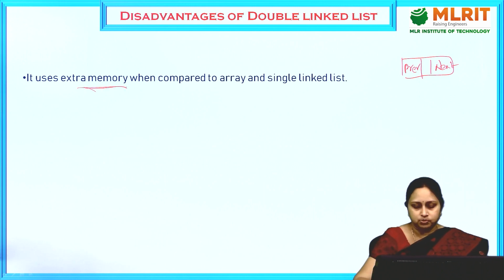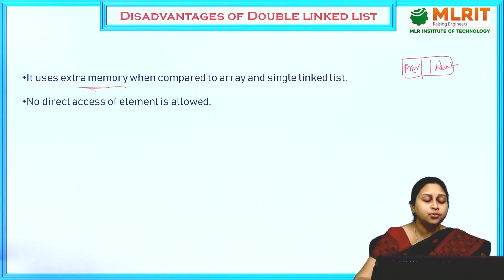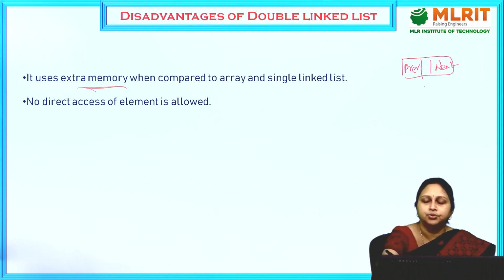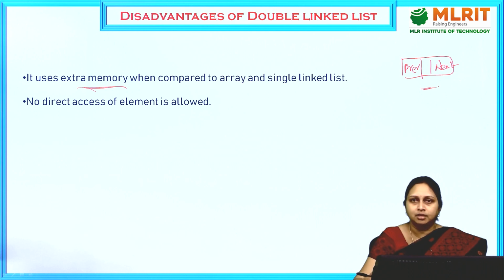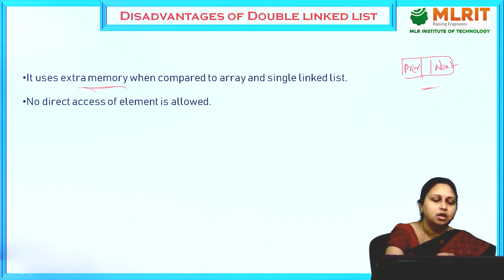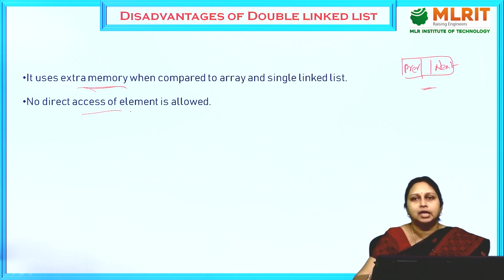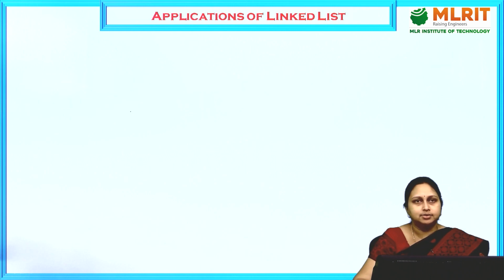No direct access of an element is allowed. Why? Because you don't have any proper index for your linked list. It is stored with addresses, so you can't access any element directly. You have to traverse through the list to access it.